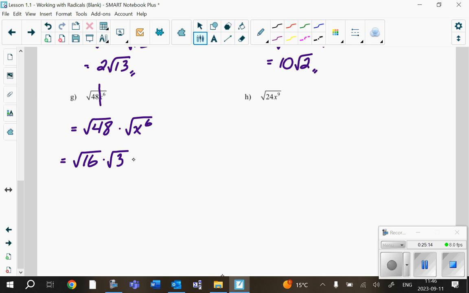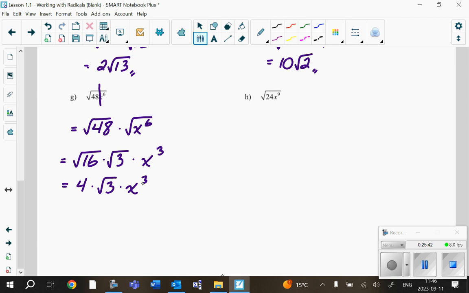What is the square root of x to the sixth? Think of your first page. X to the third. Well, I can simplify a little bit more. The root 16 becomes 4. So I get 4 times root 3 times x to the third.